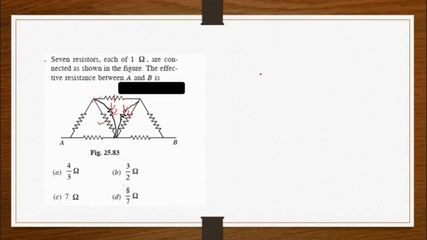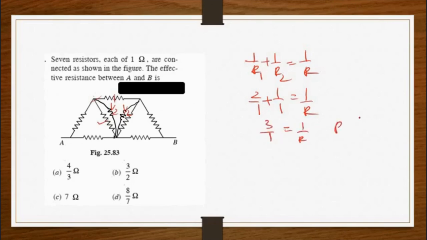So I'm going to add them in parallel format. 1 over R1 plus 1 over R2 equals 1 over R parallel. So this is 2 over 1, and the other one 1 over 1 equals 1 over R. So here I am getting 1 over R equals 3 over 1. So R becomes, take the reciprocal value, 1 over 3. So the total value of this is 1 over 3.